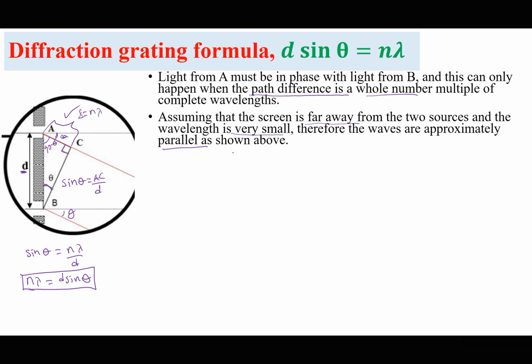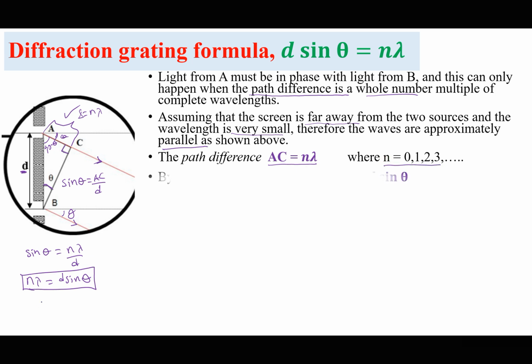So the lines I have drawn in red are approximately parallel. Very close to the slits, the rays would appear parallel. We have already seen that the path difference SC is n times lambda, where n is a whole number.